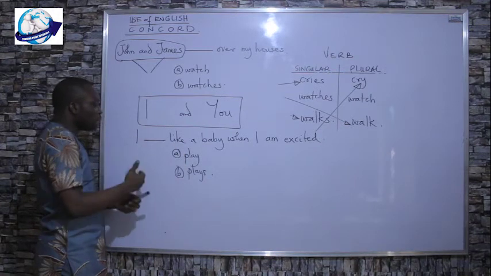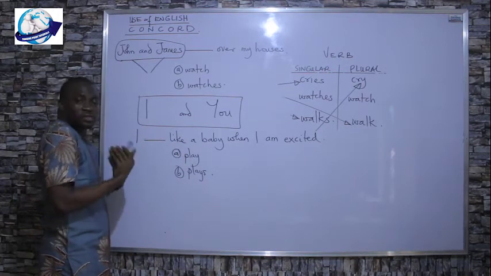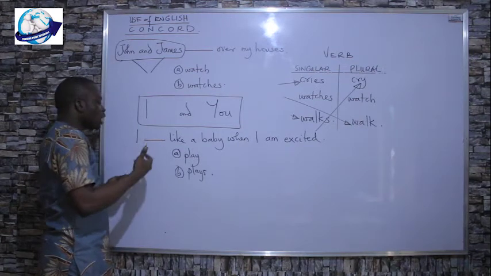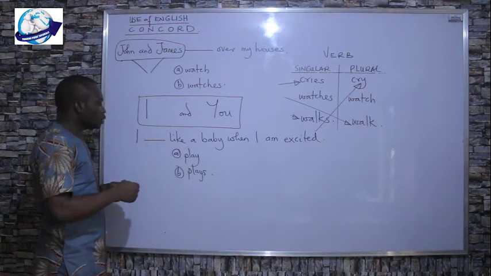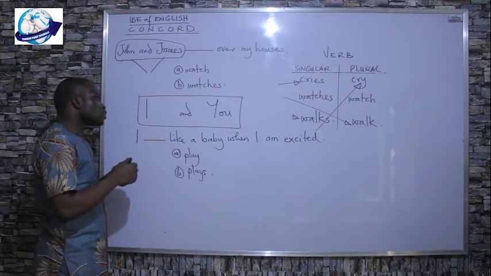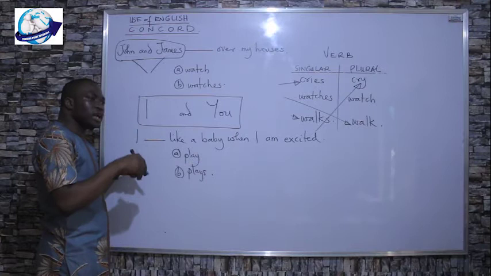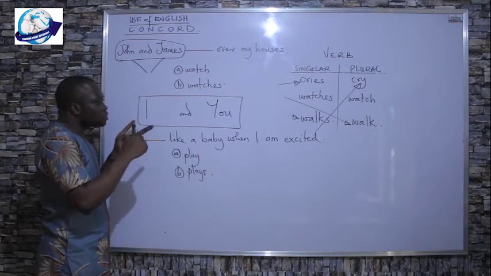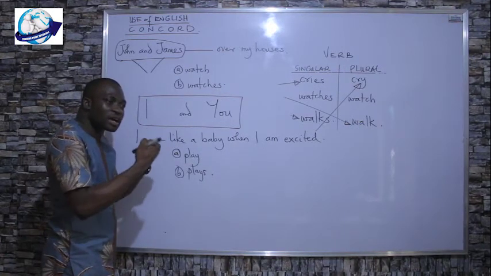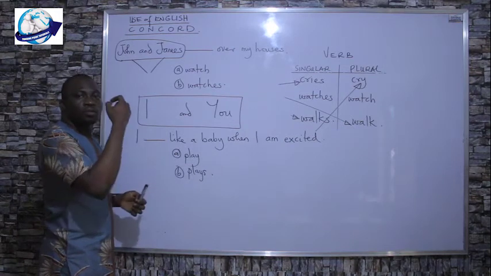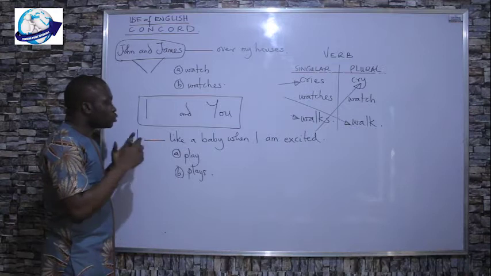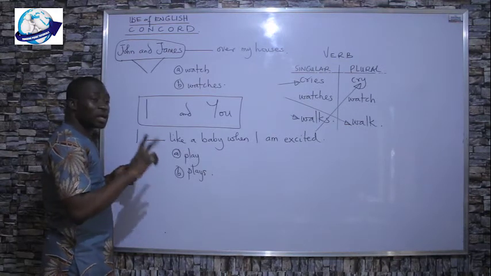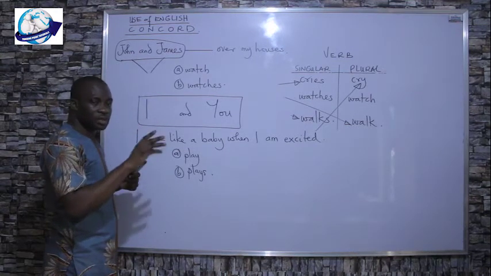Do you say I plays like a baby when I'm excited? Do you say I play like a baby when I'm excited? That's the question. But please, just to stress and emphasize, the I and the you always attract the plural verb. Very important. The plural verb. Very, very important. Especially the plural lexical verb.